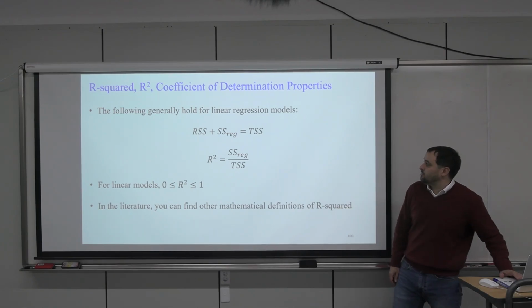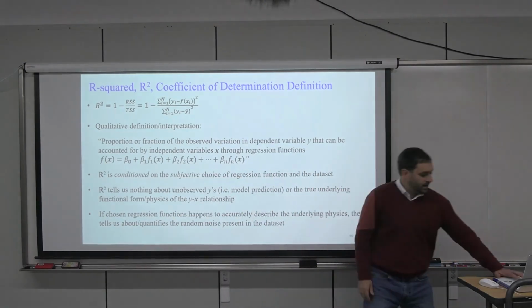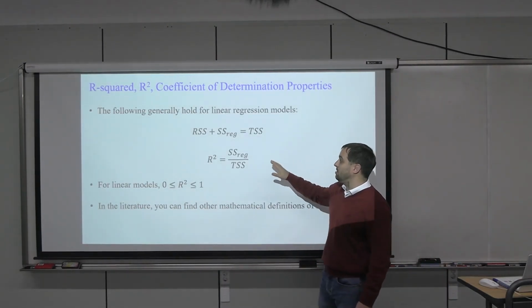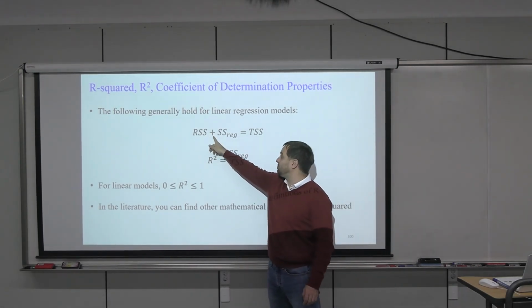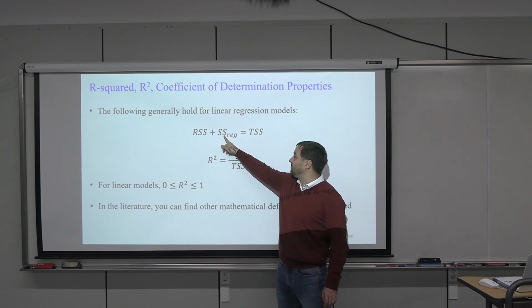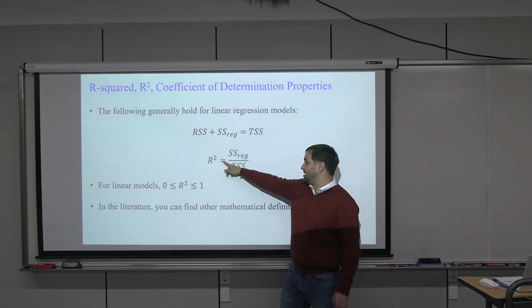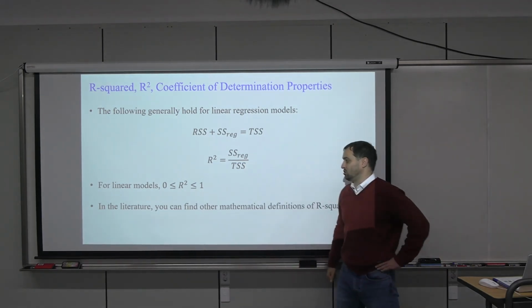Okay, and this is the previous definition of r squared. Generally, for linear regression models, the residual sum of squares plus the regression sum of squares equals the total sum of squares. And so we can write r squared equals the sum of squares of regression divided by the total sum of squares.